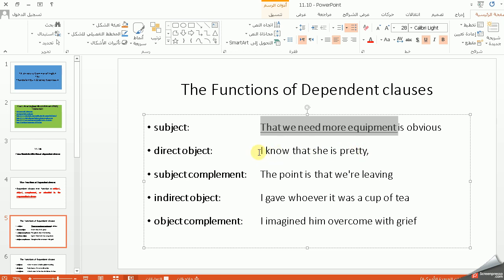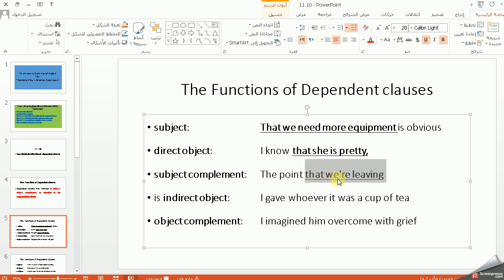I, plus know, this is the subject. The verb, that she is pretty, this is the clause. Subject complement: the point is that we are leaving. We are leaving is not a direct object or an object. It is a complement to the point, so we can move it here.